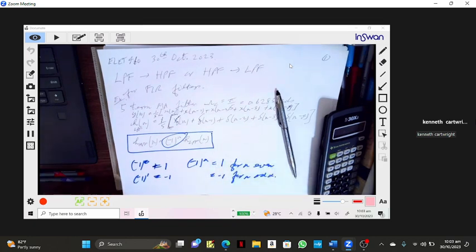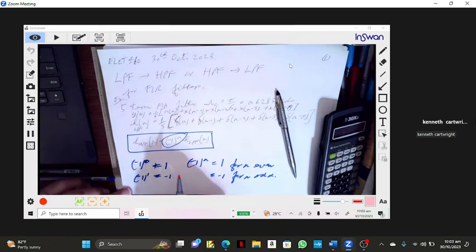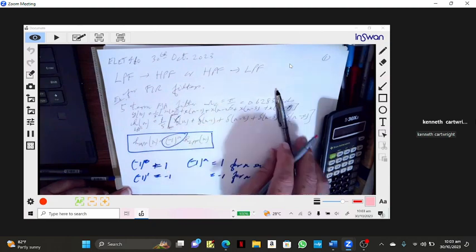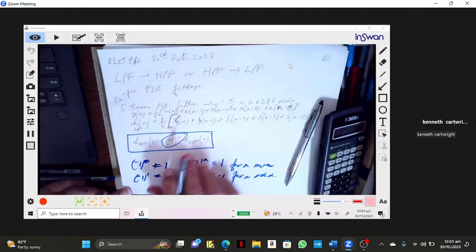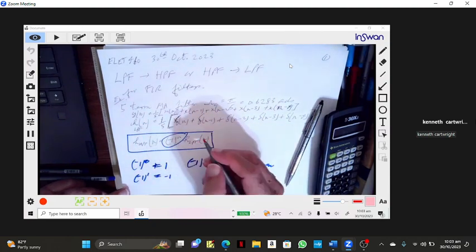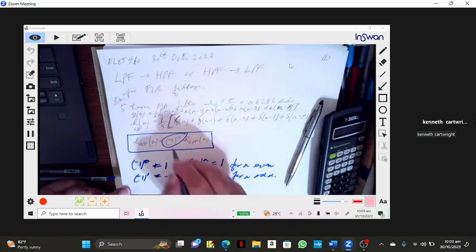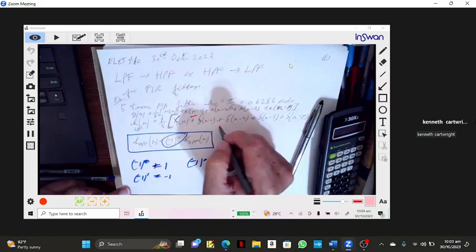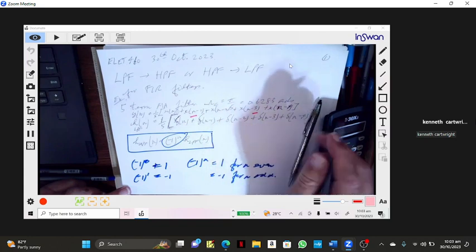So all that means is, take the original impulse response and make every other point the negative of what it is. So this is positive, negative, positive, negative, positive.